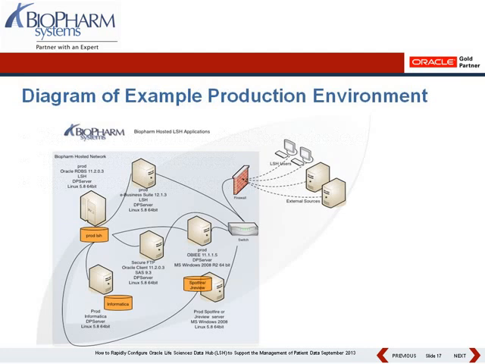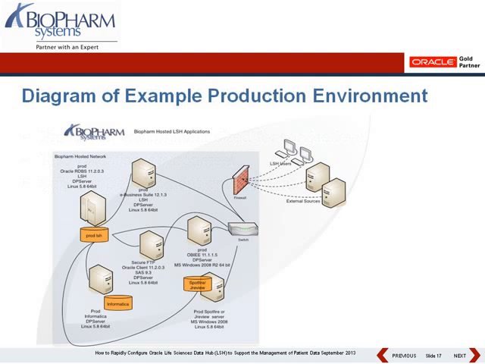And this is a diagram of an example production environment. I'm not going to actually walk through this, but what I want to point out is there's a lot of boxes and lines. LSH takes care of the database part, and that's a three-tier application, so there's a middle tier. But you've got things like Spotfire. You have to have SAS, LSH.